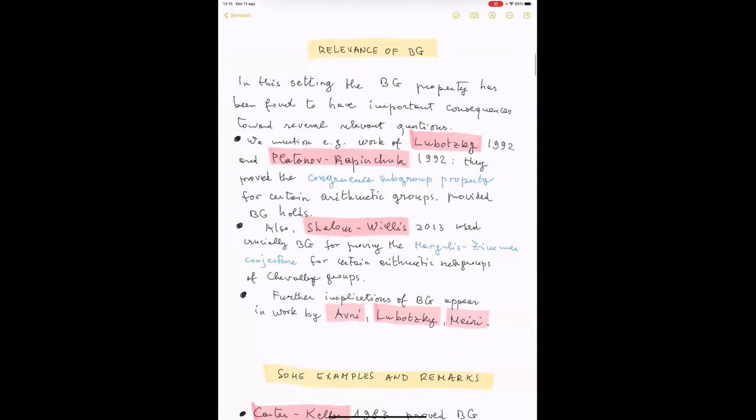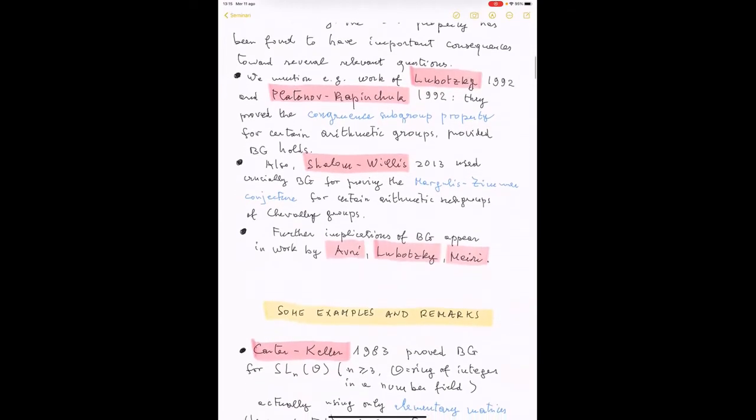Among these, I mention work by Lubotzky and independently Platonov and Rapinchuk, 1992. They proved the congruence subgroup property, which has been studied by many, a now classical property, for certain arithmetic groups, provided bounded generation holds. So bounded generation was a crucial ingredient for their proofs.